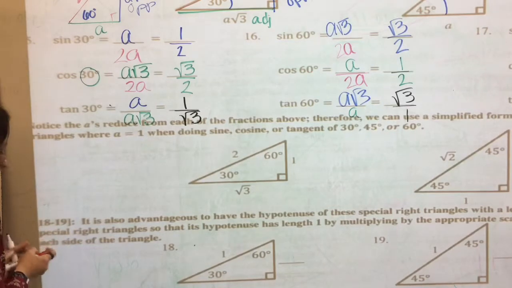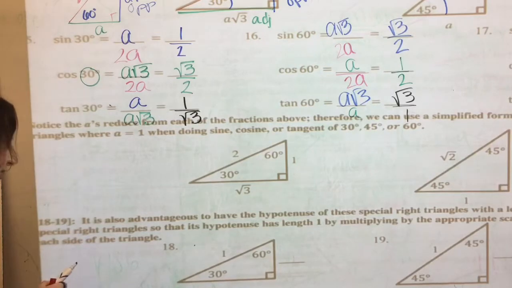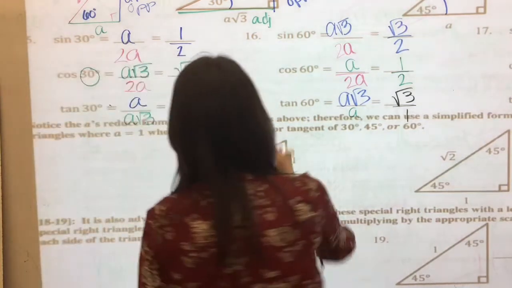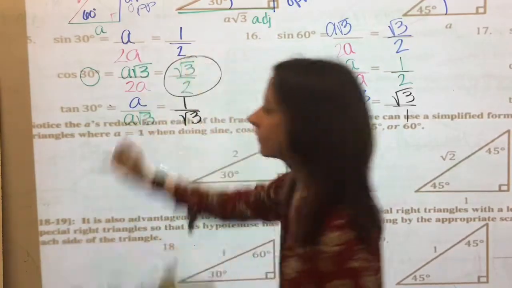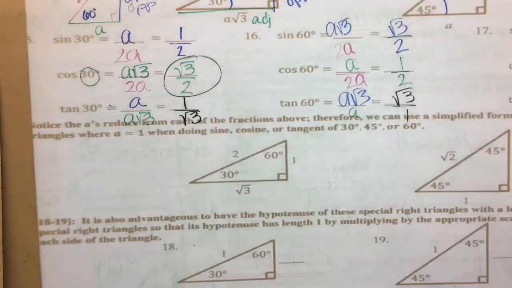Okay, so there are 3 ratios that I need you guys to remember. Which 3 do you think I'm going to want you to remember? Root 3 over 2. Okay, there's another one we're going to need to remember.